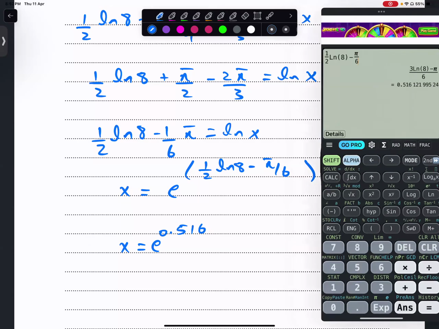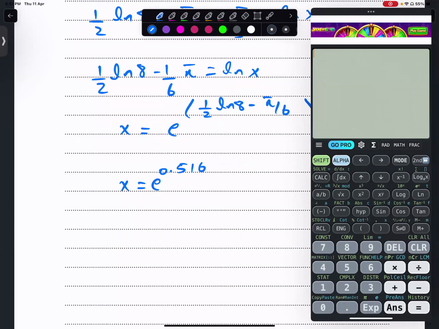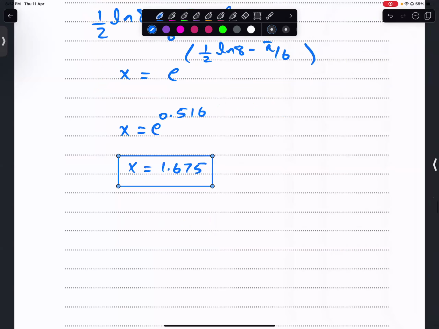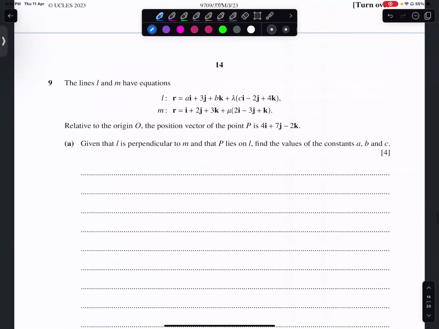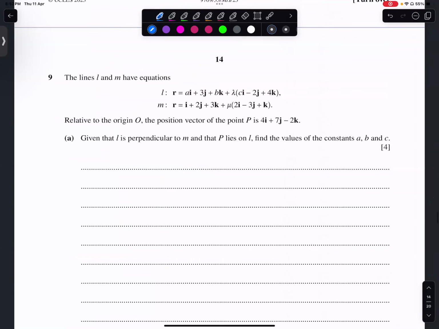And if you raise it in the power of e, e raised to power 0.516, so x is 1.675. So this is your value of x. Next question is from the vectors.